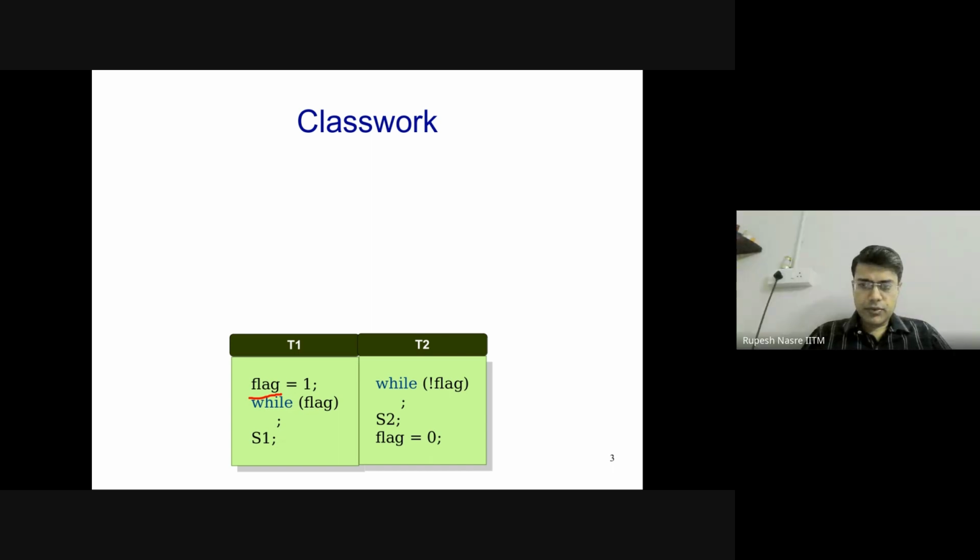Sure. The way Vipin was thinking, I request everyone to also think in a similar manner, and we'll discuss. See, the synchronization protocols are a little complex, and we need to worry about a large number of different interleavings. For example, as Vipin was suggesting, maybe initially the value of flag we don't know, so it could be 0 or 1.